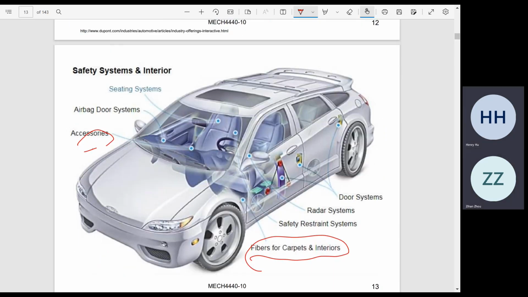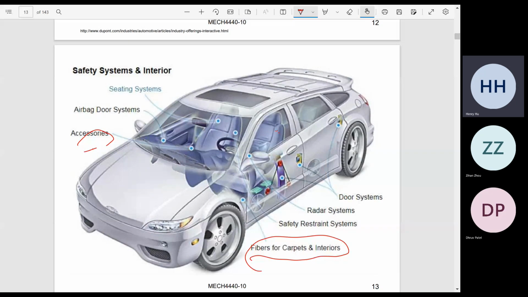For the safety systems and the interior, obviously the seat covers, we use a lot of fabric, fake leather, all those polymer-based materials. And the carpets in the vehicle. Then the airbag door system and the steering system.